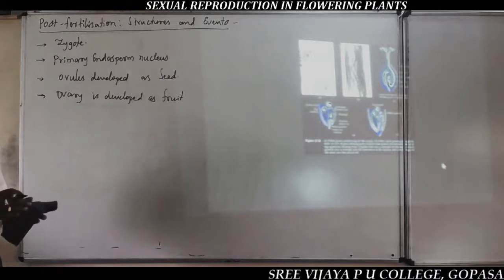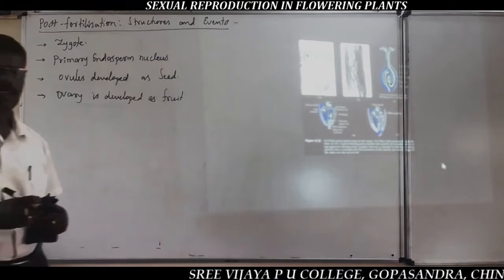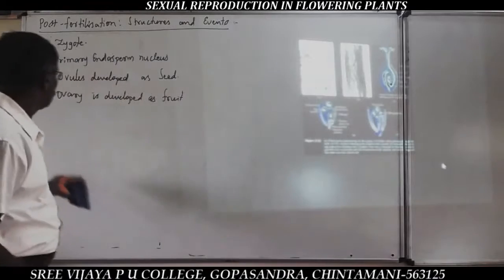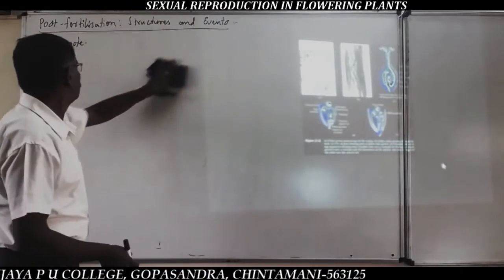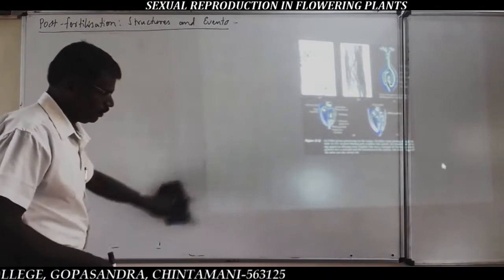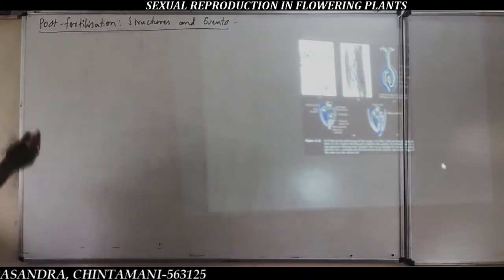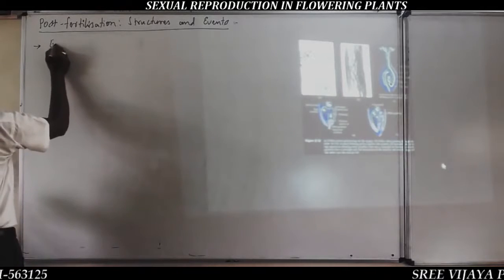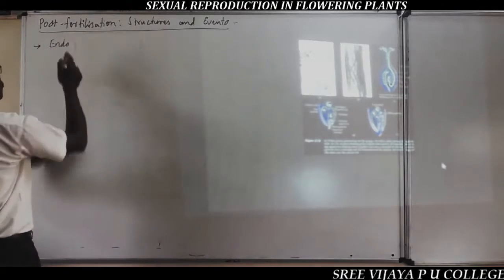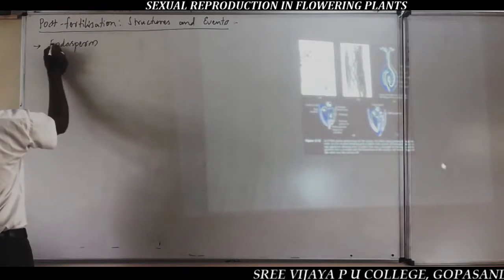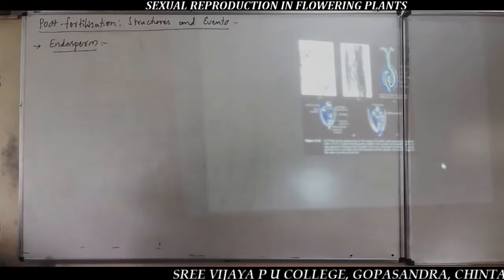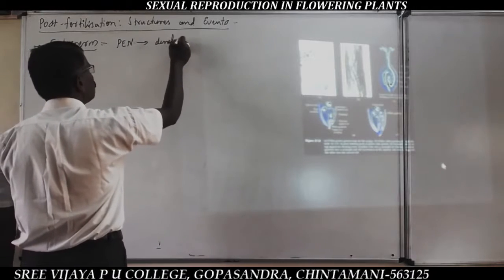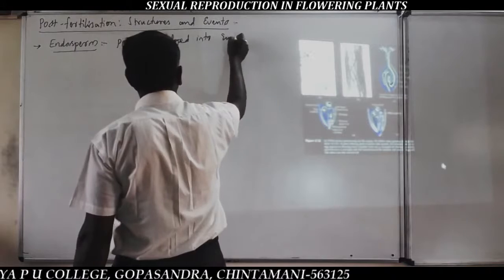Here, first we discuss the endosperm. How is the endosperm formed? The primary endosperm nucleus develops into endosperm.